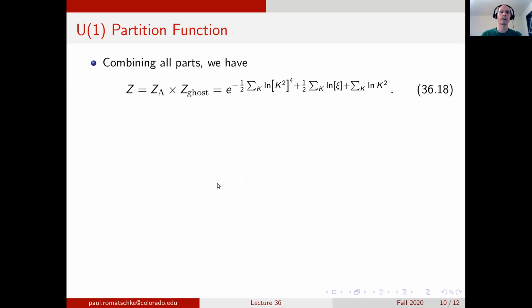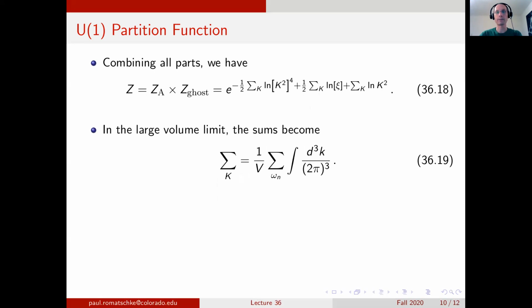Combining all parts, we find that the total partition function for U1 gauge theory is given as the product of CA times C ghost, and that's the exponent of the expression for the gauge field partition function and the ghost partition function.